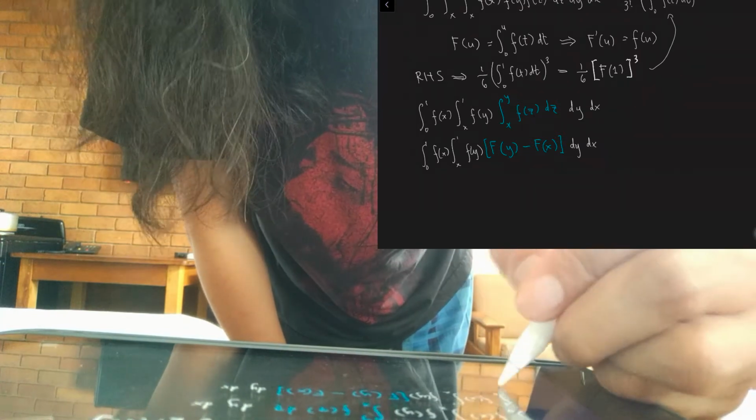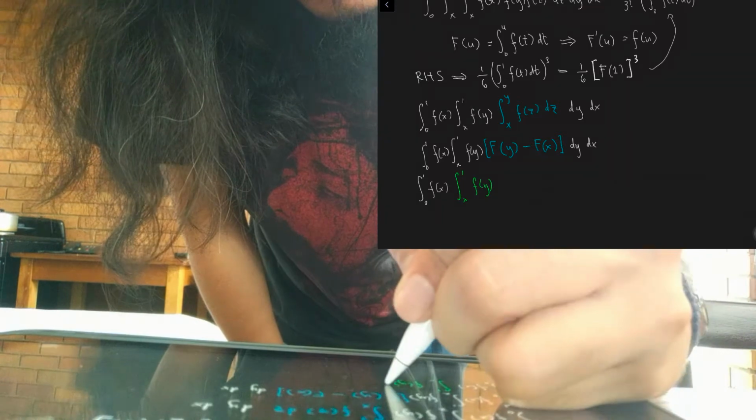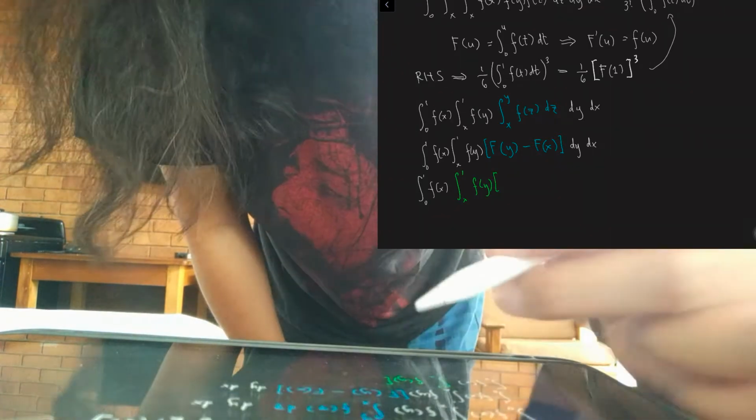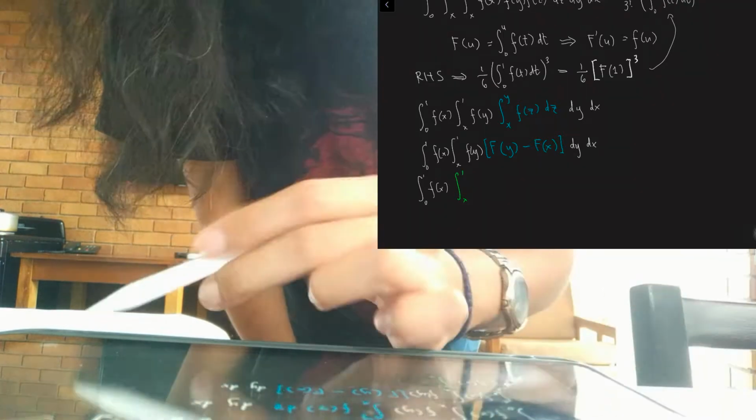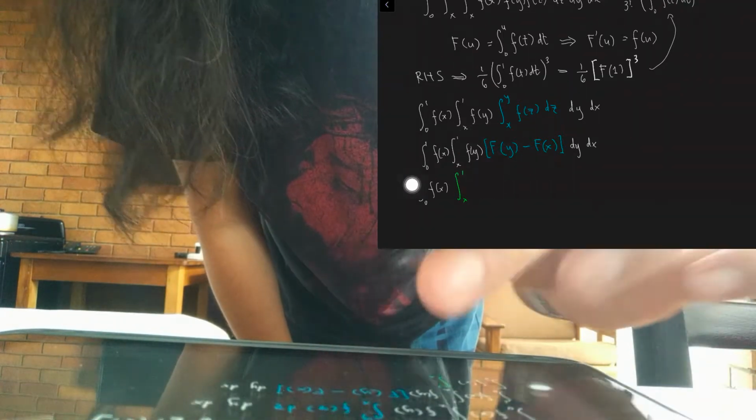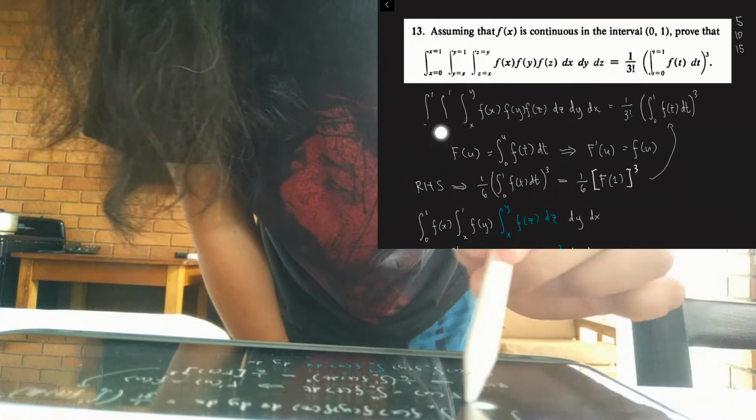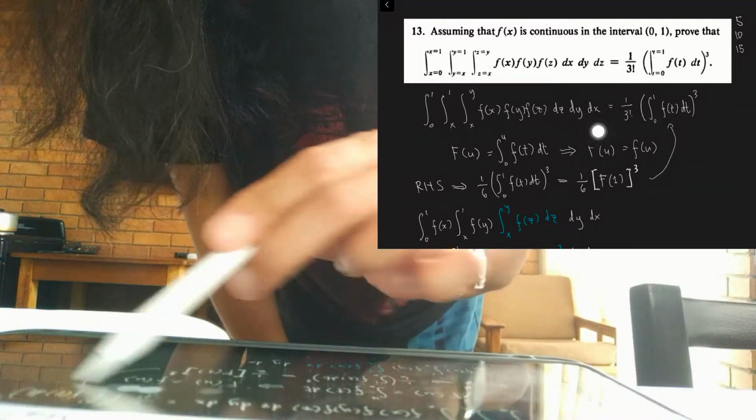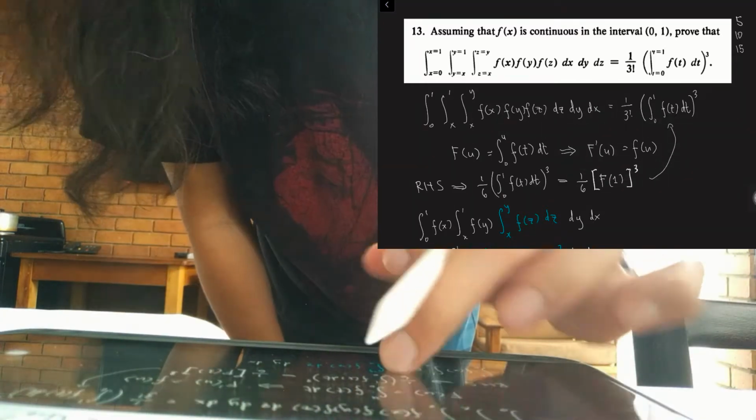So let's write integral from 0 to 1 f(x), and then the y variable, let's use a green ink. Integral from x to 1 f(y), and note that our small f(y) from our definition above is just equal to the derivative of capital F with respect to y.